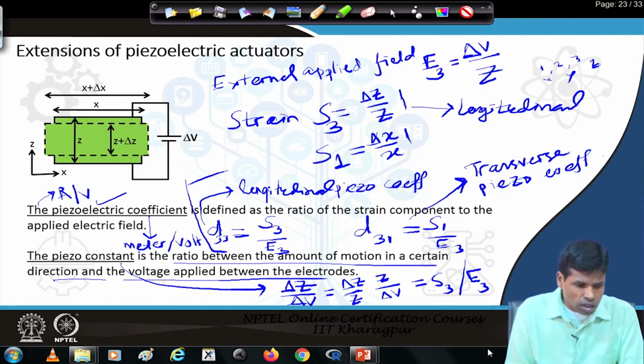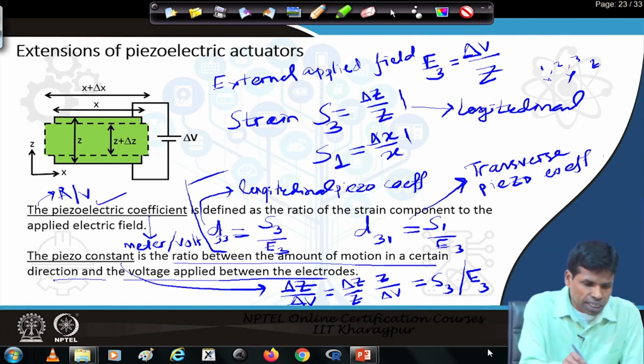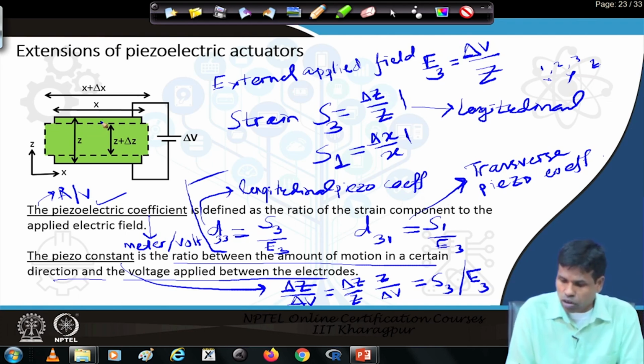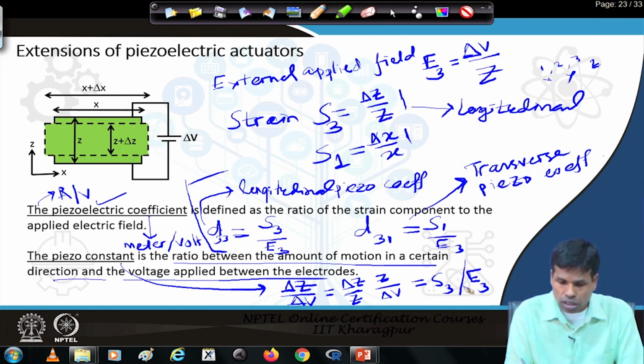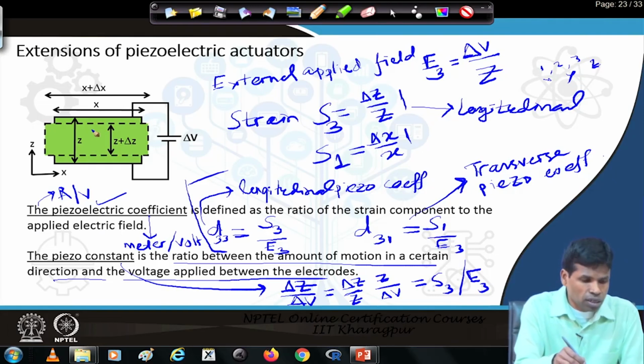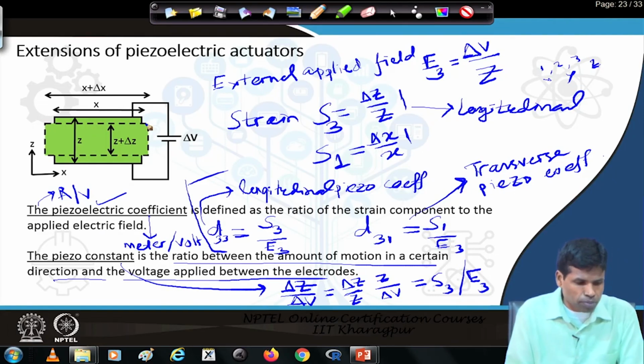So, the piezo constant in the z direction, meaning the longitudinal direction, does not depend upon the thickness of the plate or any other dimension of the plate. This means that the piezo coefficient of the plate cannot be varied by tuning the dimension of the material.